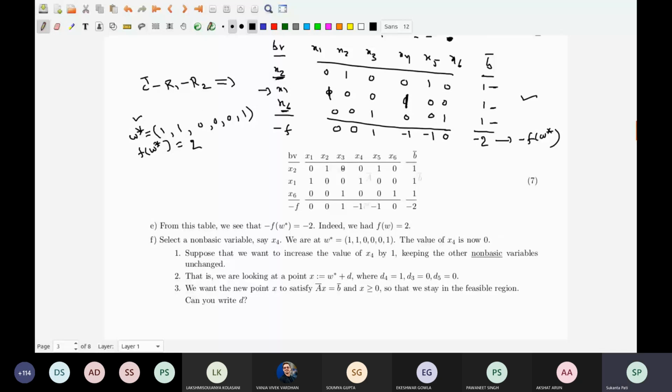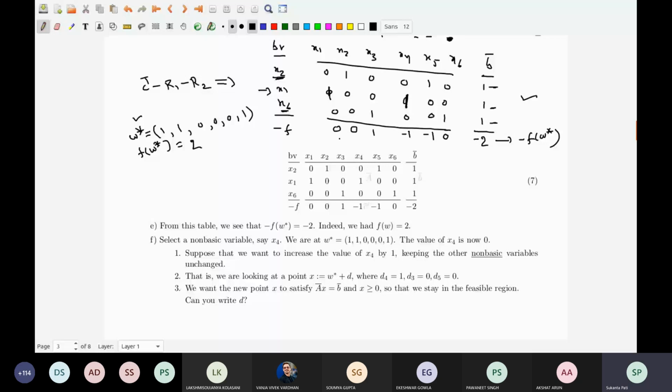What you have computed at the bottom of the simplex table is the C bar, the relative cost vector, C bar transpose.